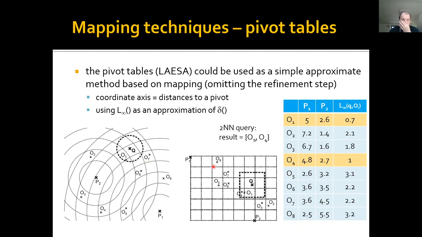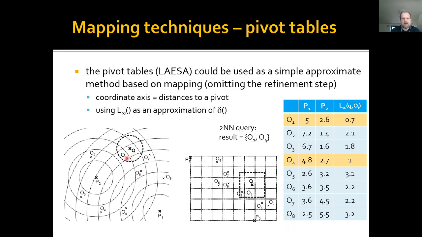We already discussed the LAESA or pivot tables algorithm that could be done for k nearest neighbor. We now have an example with a 2 nearest neighbor query. We have the same situation as in the example that we used last time, but let's now have a new query that is a 2 nearest neighbor query.